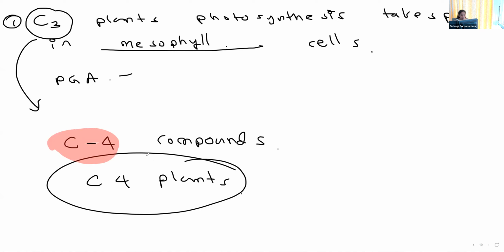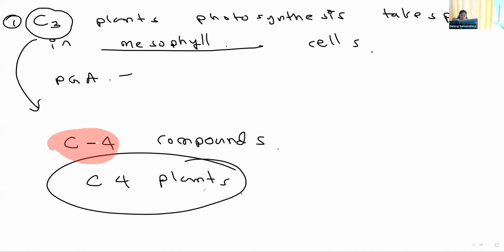So these plant leaves are adapted to minimize the oxygen intake, or to minimize the oxygen binding to the rubisco enzyme. So I'm going to introduce the things only. The only difference between the C3 and C4 is they're going to have a bigger bundle sheath and vascular bundle. And then around the vascular bundle, they're going to have lots and lots of mesophyll cells arranged.